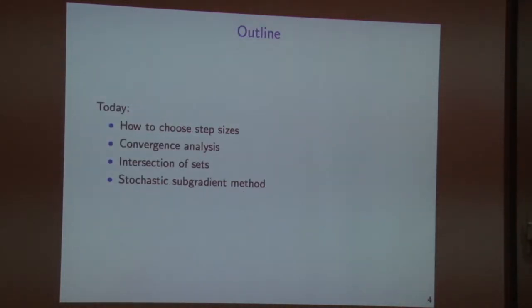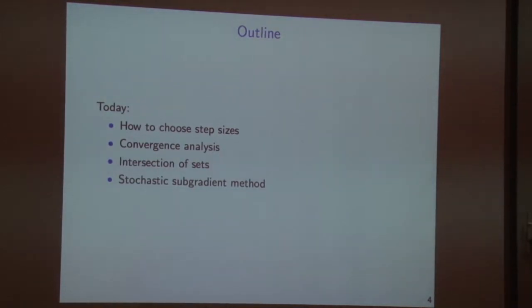Okay, so here's the outline for today. We're going to talk about how to choose step sizes, which is analogous to what we did for gradient descent. We're going to talk about the convergence of the subgradient method, but we're not going to prove it; we did that for gradient descent, so we'll skip it here.